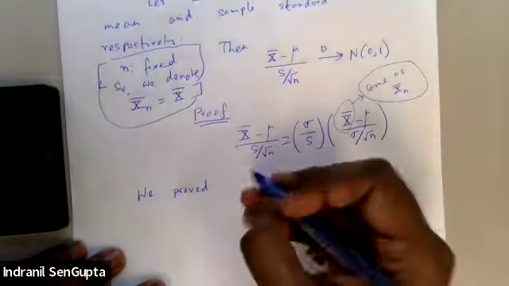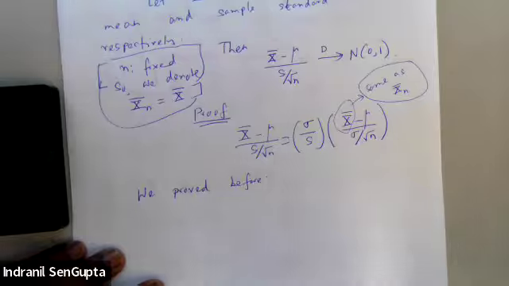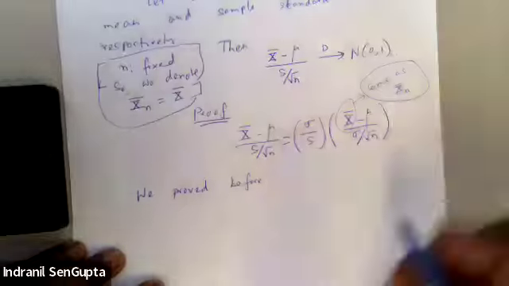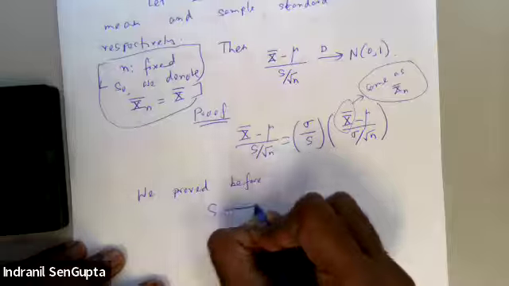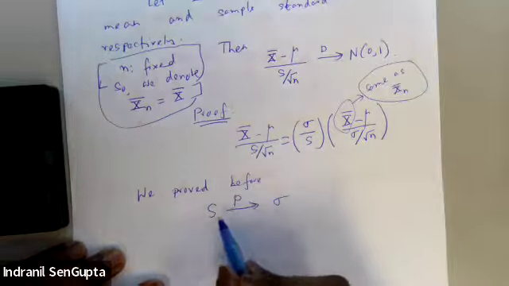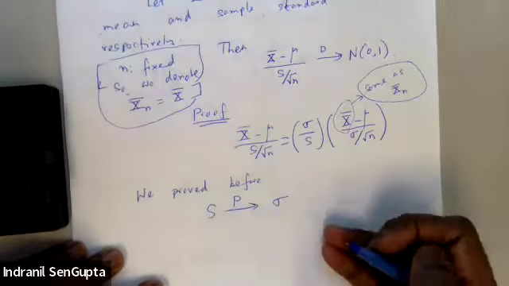We proved before, and I would request you to check lecture number 8, that S converges to sigma in probability. In fact, we proved S squared is converging to sigma squared in probability. That means S is converging to sigma in probability.